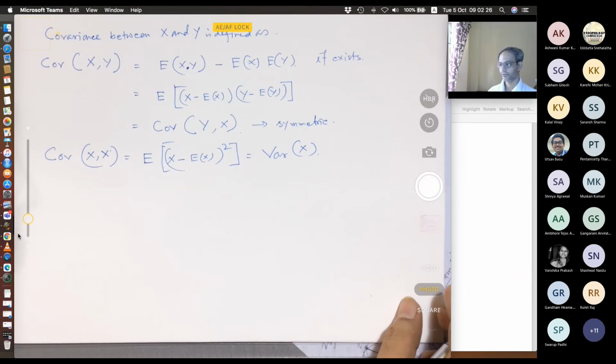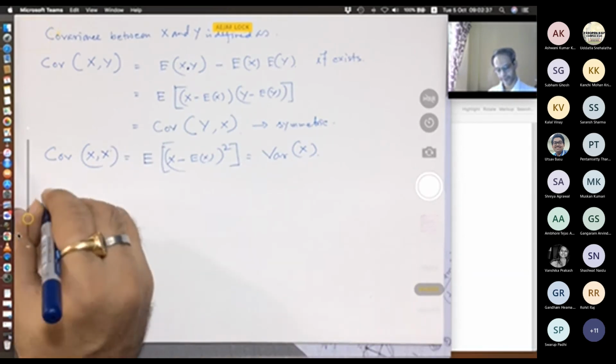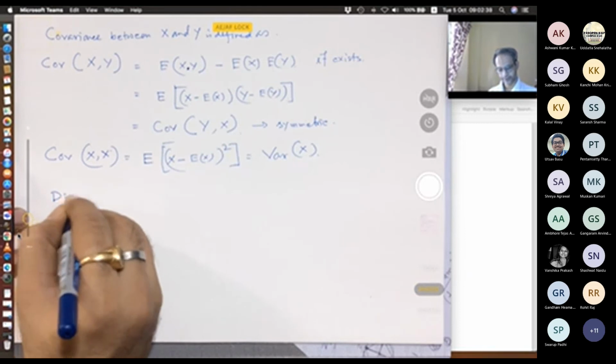Okay, so usually the bivariate or multivariate random vector is written with the dispersion matrix.